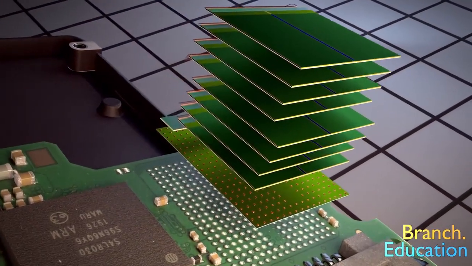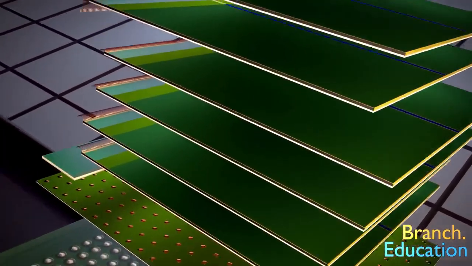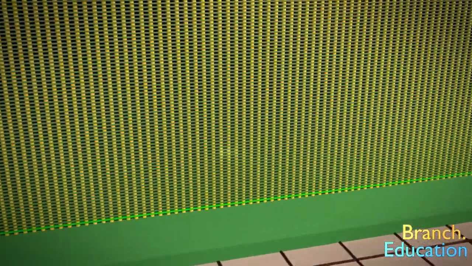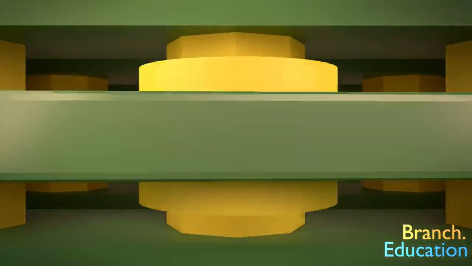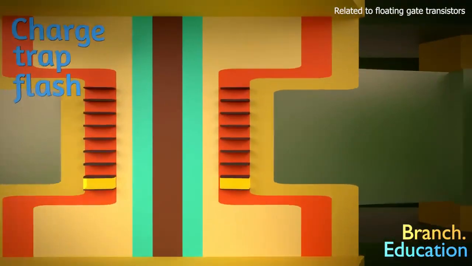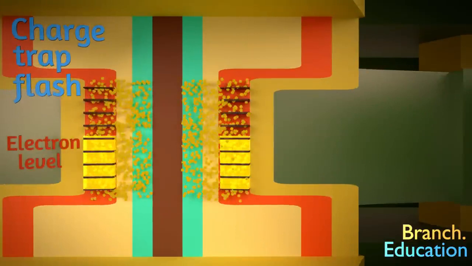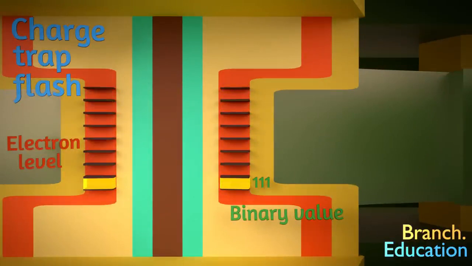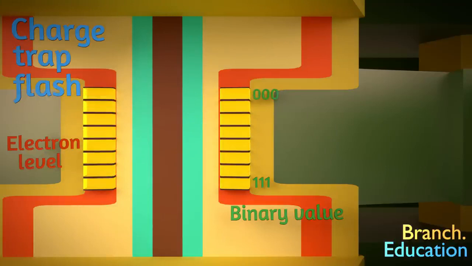To understand that, we've got to zoom into a nanoscopic view of the insides. In here, we can see an individual memory cell called charge trap flash. This memory cell stores 3 bits of information by trapping different levels of electrons on a charge trap. Very few extra electrons are a 1, 1, 1, while a lot of electrons are a 0, 0, 0.